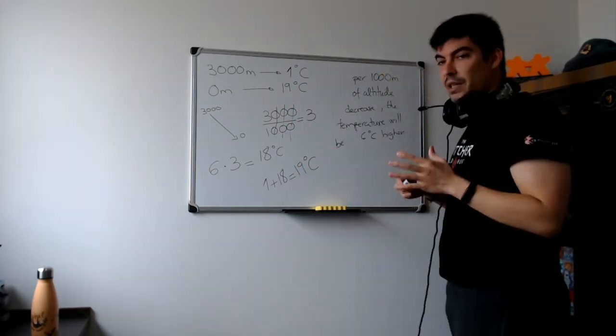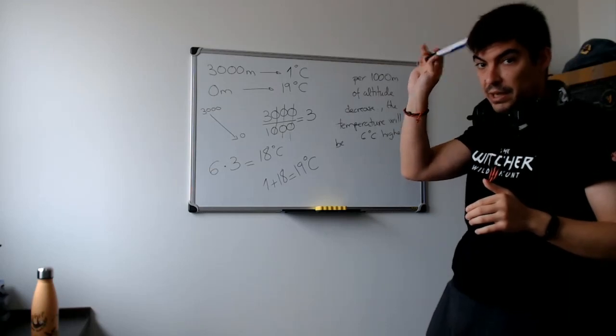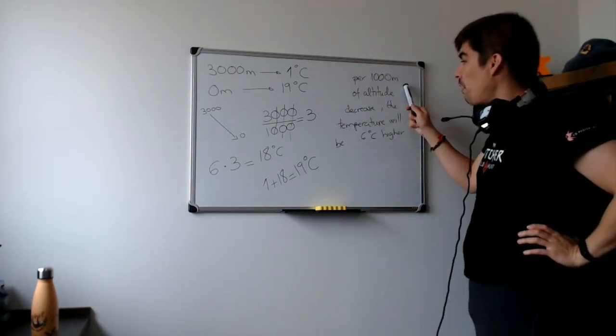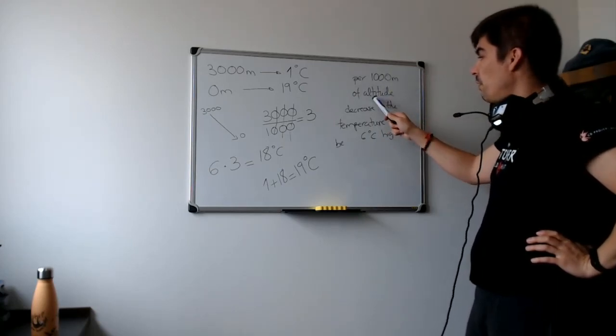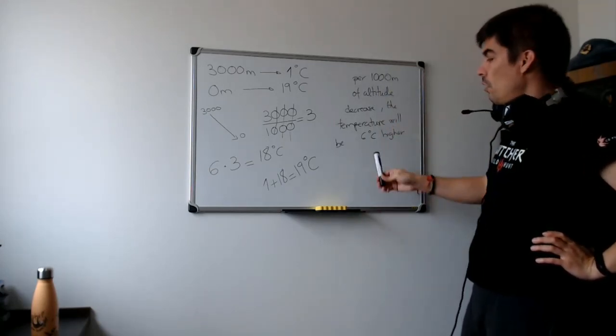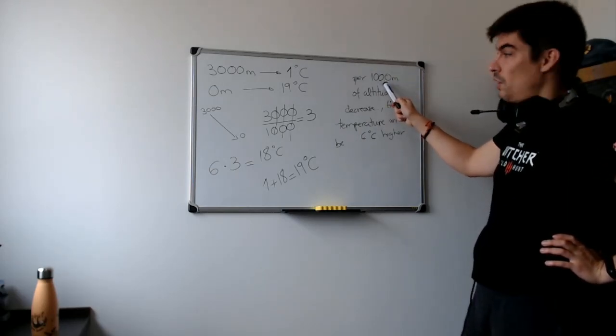Okay? It is very easy once your brain makes the tick. You have to know the thermal gradient: 6 degrees per 1000 meters of altitude change, or 0.6 per 100 meters of altitude change.